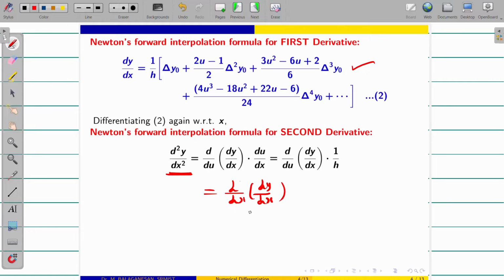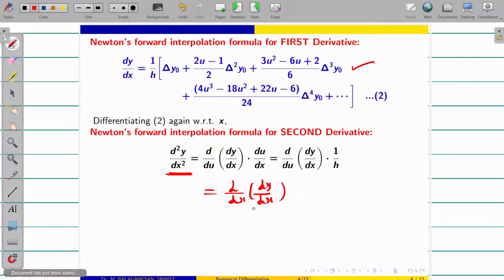We don't have any x here. Obviously x is understood. You can write in terms of x minus x naught by h, but this is how to think here. Since the entire thing is in u, we are going to rearrange it with the u.